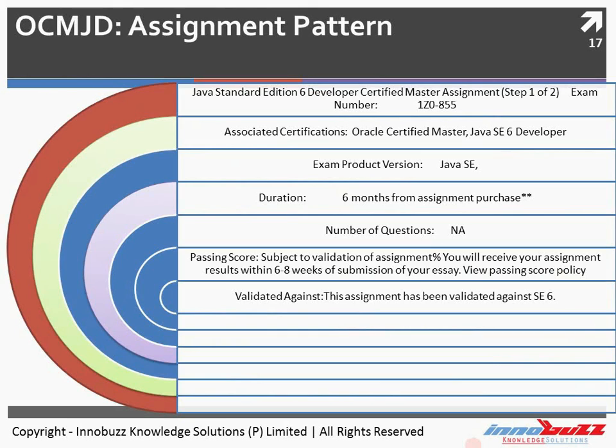Passing score is subject to validation of assignment percentage. You will receive your assignment result within 6 to 8 weeks of submission of your essay. So you can view your passing score in more detail by viewing the score policies when you take the certification. And it is validated against the assignment as being validated using Standard Edition.